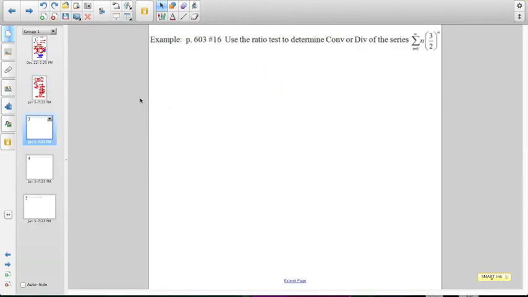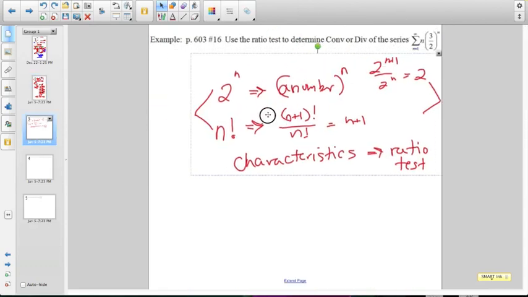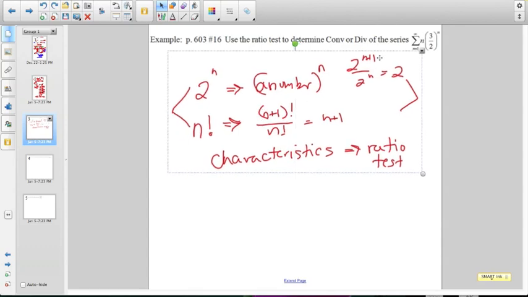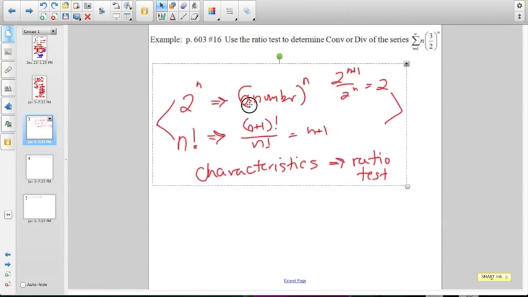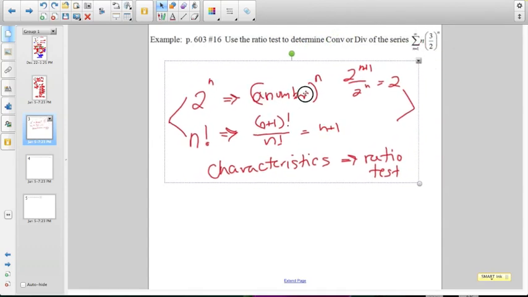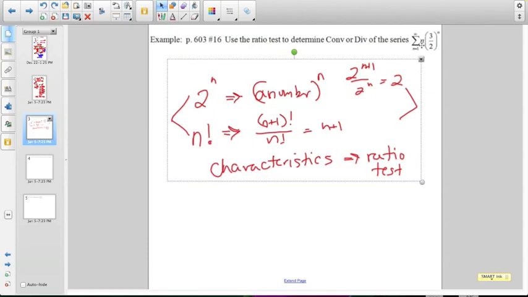So there are our characteristics of the ratio test. We can see that we have a number to a power here. It looks kind of geometric series-ish, but we have this n out in front. We don't have a constant here.